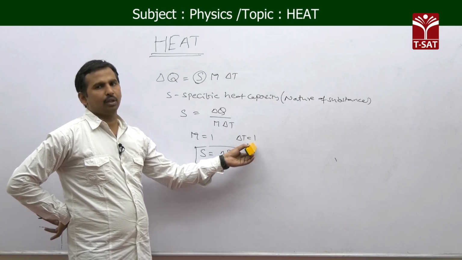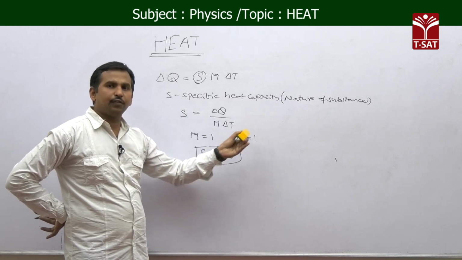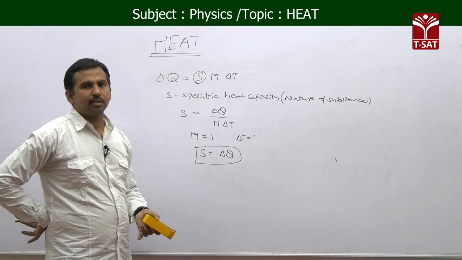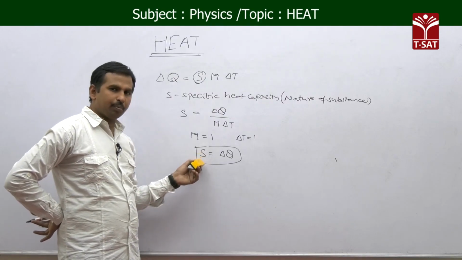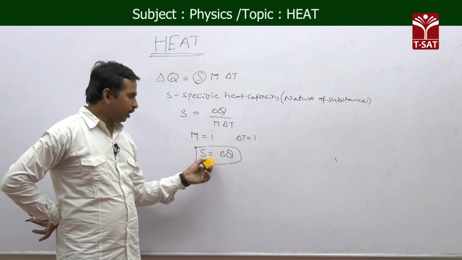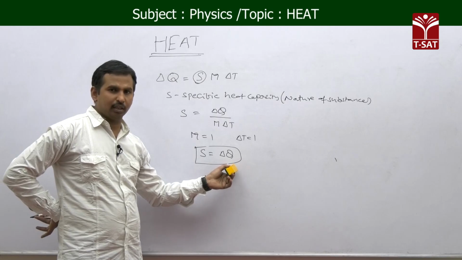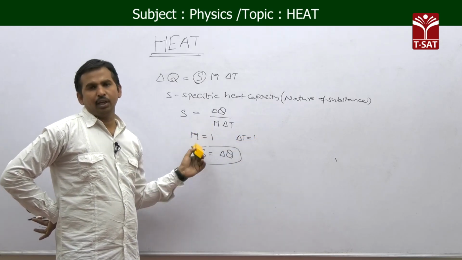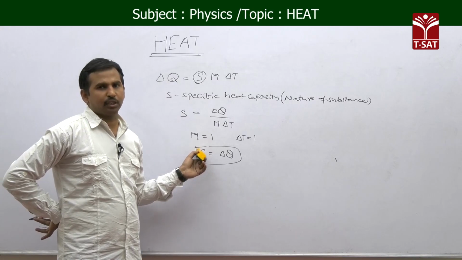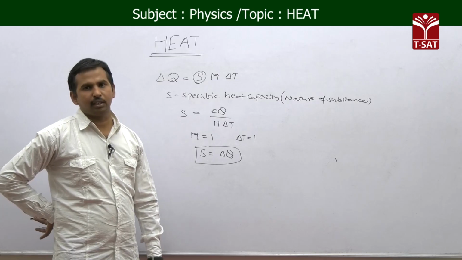You can take Kelvin also here, because the change of temperature for degree Celsius and for Kelvin are both the same. Okay, so see the definition again. Specific heat capacity is the amount of heat energy required to raise the temperature by 1 degree for a unit mass of a substance. That is the meaning of specific heat capacity.